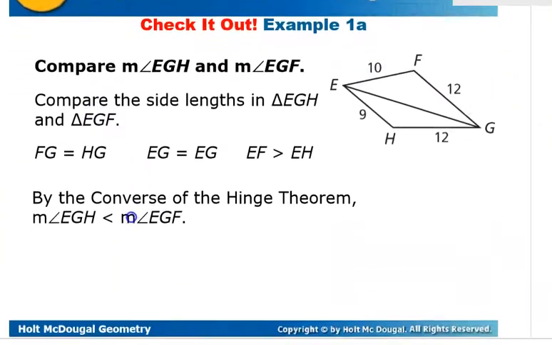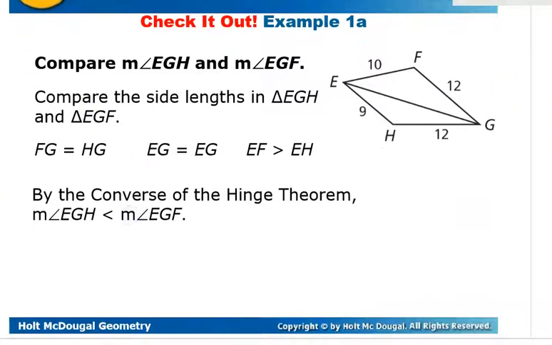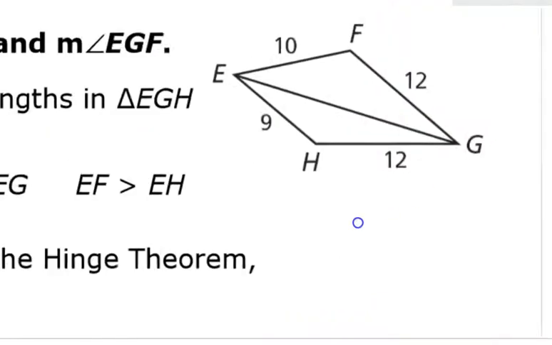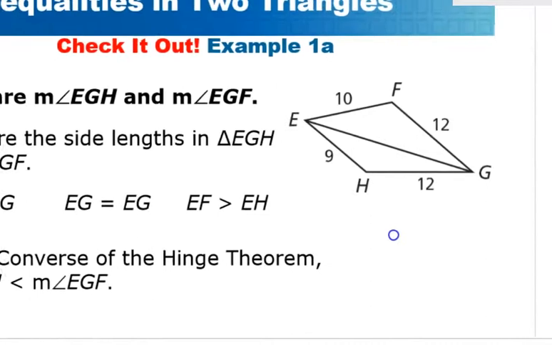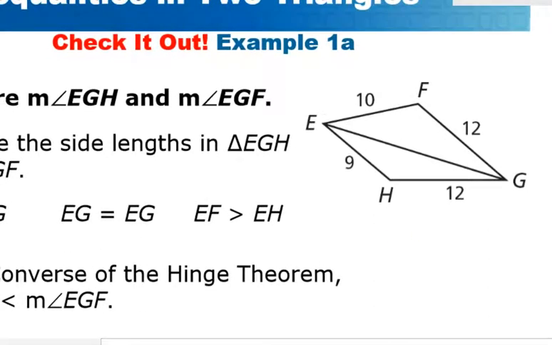Okay, let's do another one. So compare the sides this time. Compare the sides and we're finding the measure of angle of these. Okay, so EGH, this guy, and EGF, this guy. Okay, congruent, congruent, there's my other congruent.